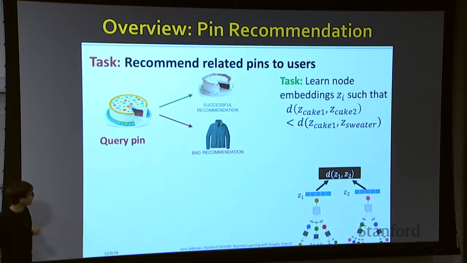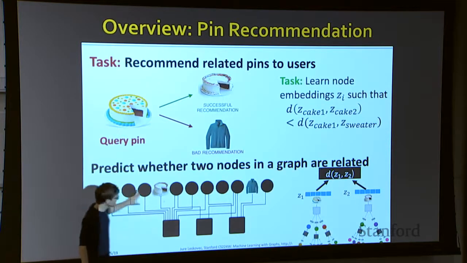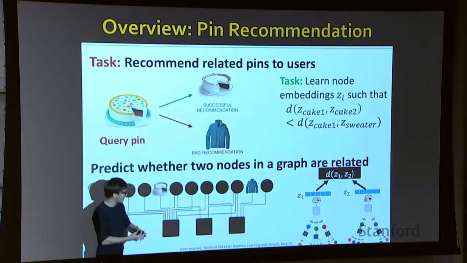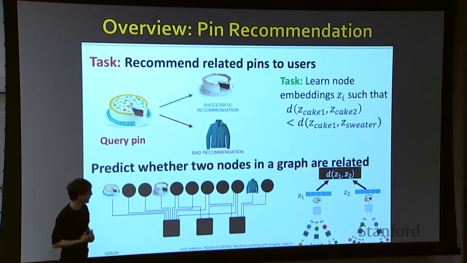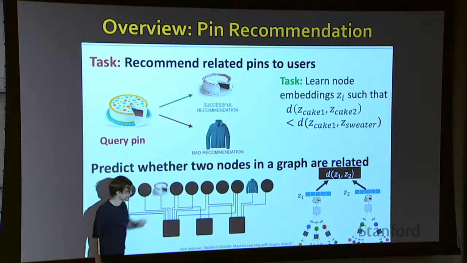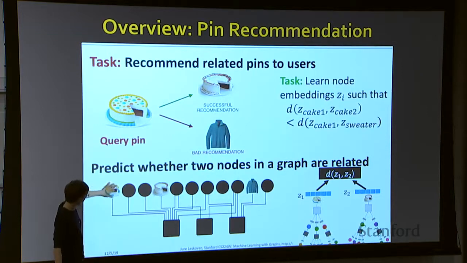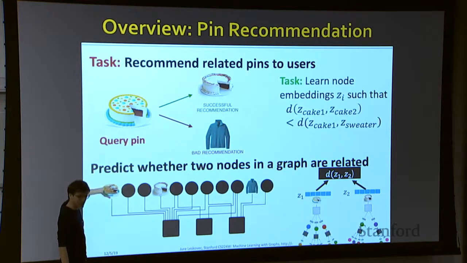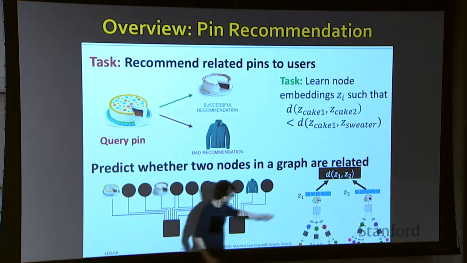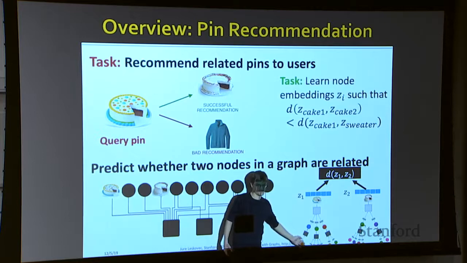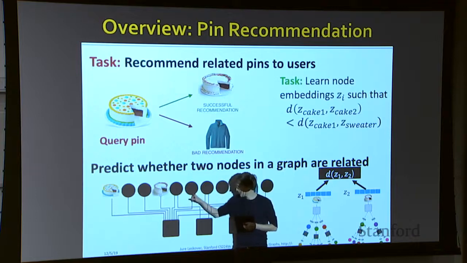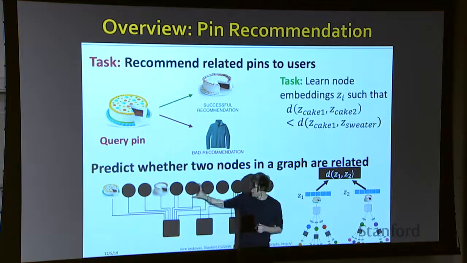So how are we going to do that? We are going to take this bipartite graph of pins and the boards they belong to, and think of it as a graph neural network. We will create an embedding for every node in this graph, but rather than just use the image and text information about each individual pin, let's unroll this network into a graph neural network. Now every circle here is a pin in this graph.